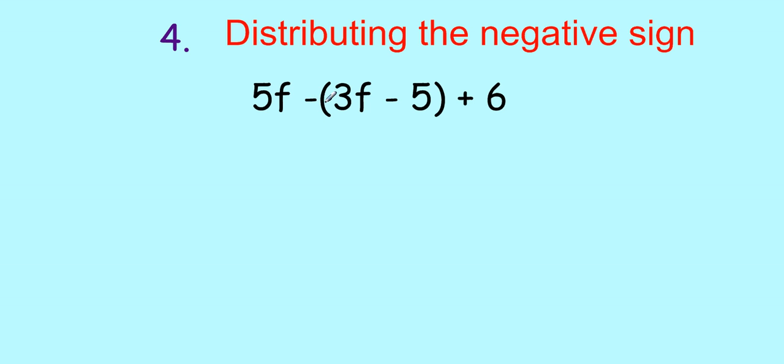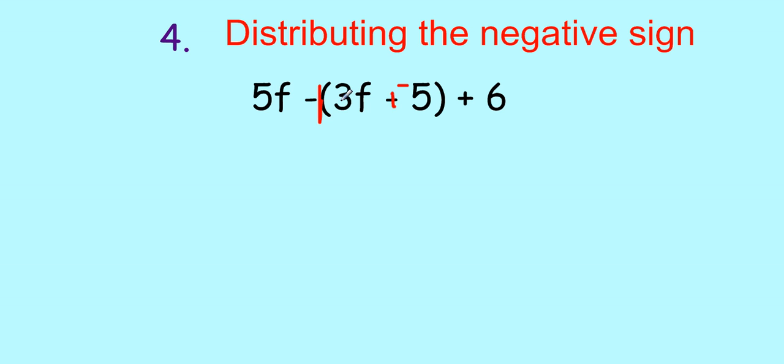If there's nothing out front, there's just a negative sign, there really is an imaginary 1 in front. If I put a 1 in here, if I took 1 times this, I'm not going to change its value. I'm going to take negative 1 and multiply it by everything inside. So I'm going to change this to plus its opposite. So I'm going to distribute the negative sign.